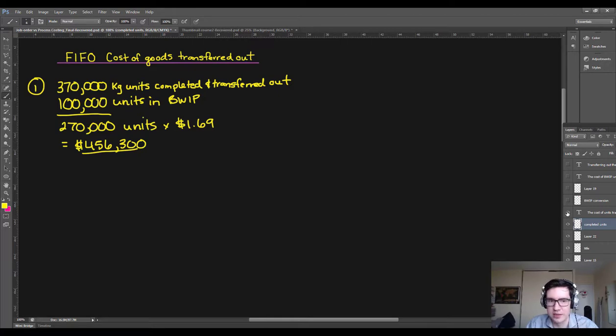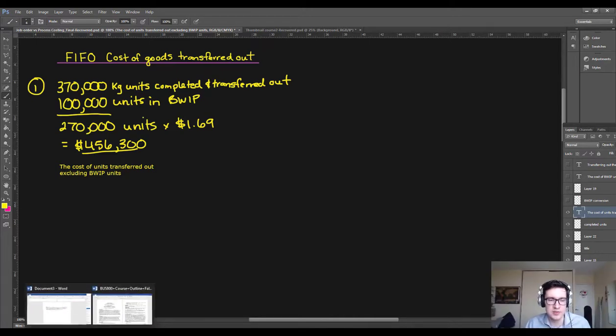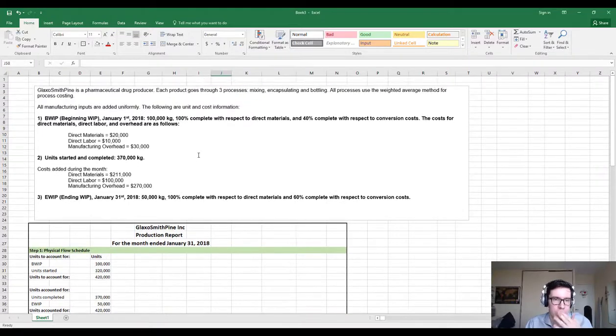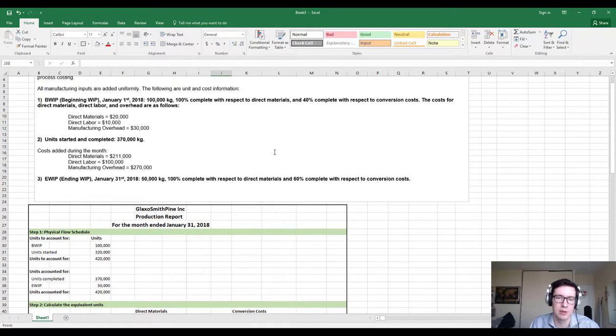And I'm just going to write this little text blurb so that it summarizes it. This is the cost of units transferred out excluding BWIP units. Moving on. So if we are to look at how many units in BWIP have we worked on this month, we know that 100% of direct materials have been finished in the prior period, and that 40% have been finished in the prior period as well.